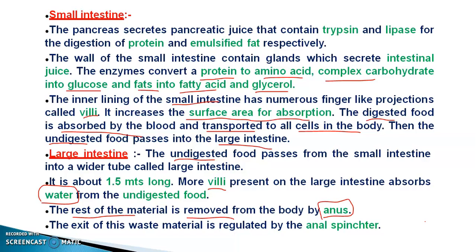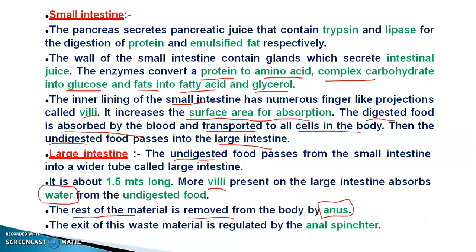After that, pancreatic juice starts its action, which means this pancreatic juice has trypsin and lipase, which digest the protein and the emulsified fat. And finally, the intestinal juice completely digests all the nutrients like protein, carbohydrate and fat and breaks them down into amino acid, glucose, fatty acid and glycerol respectively.